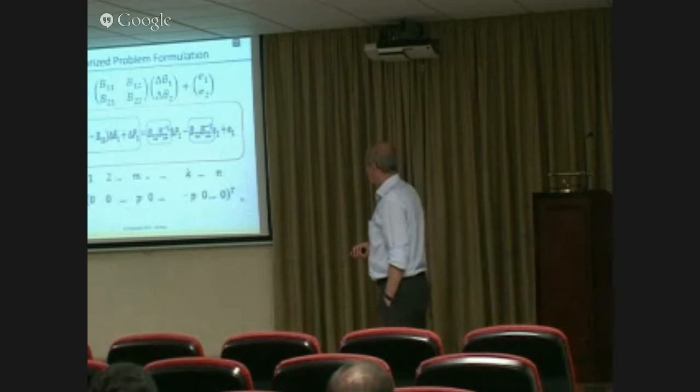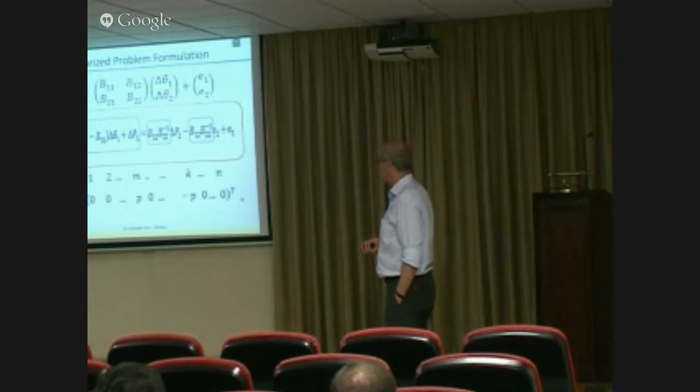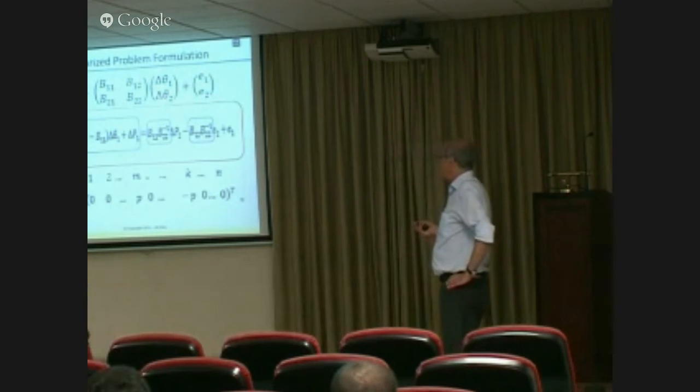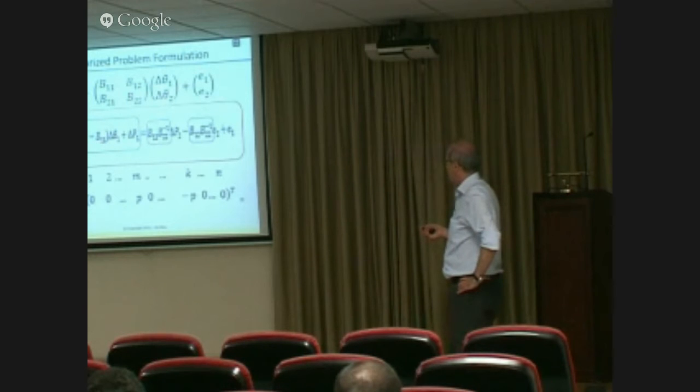So we can rewrite this equation and then reduce it by eliminating this unknown delta theta 2, which is the state of the external system. We eliminate that by this kind of reduction, and we come up with this equation.